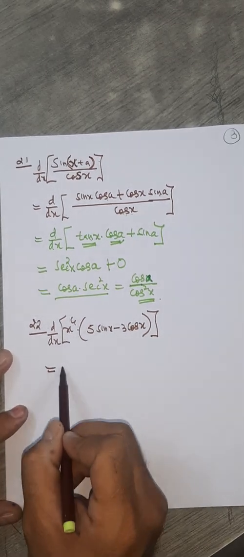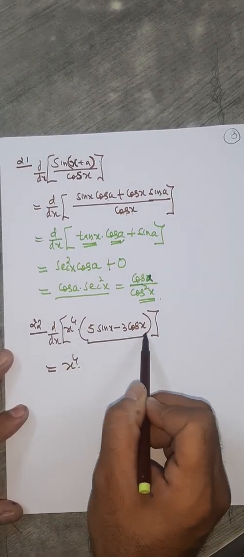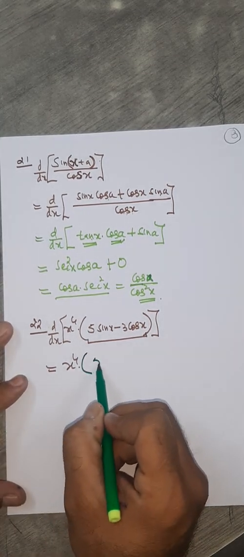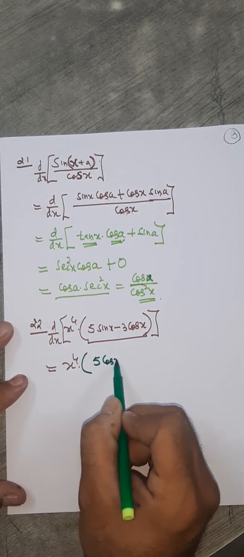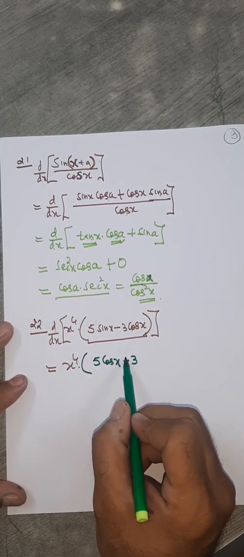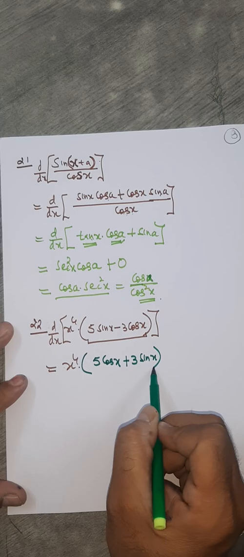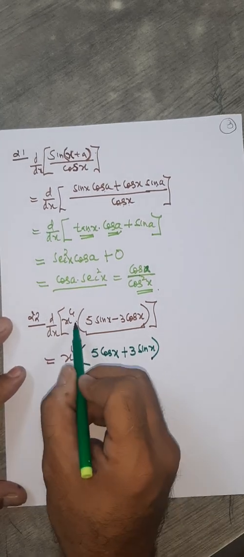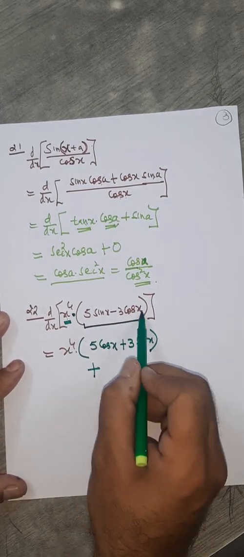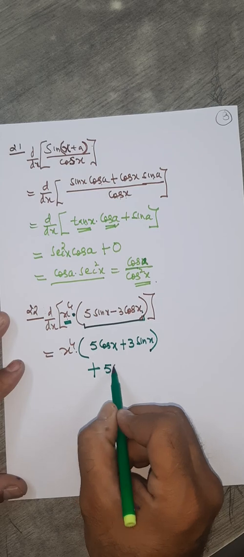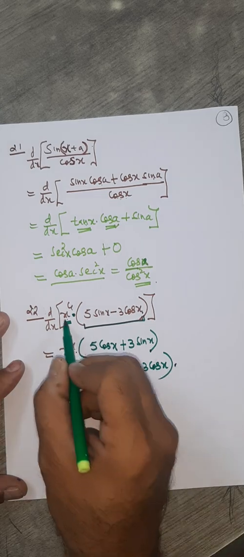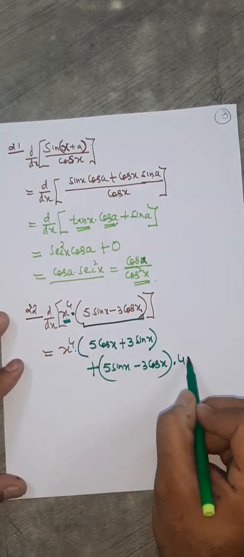So x raised to 4 as it is, differentiation of this product: 5 as it is, the derivative of sine is cos x, minus 3 as it is, derivative of cos is minus sine, so plus sine x, plus product rule. You have the product of two functions, one is this, the other one is this. Keeping this one as it is, differentiating this. Now 5 sine x minus 3 cos x as it is, into differentiation of this. What is that? 4x cube.